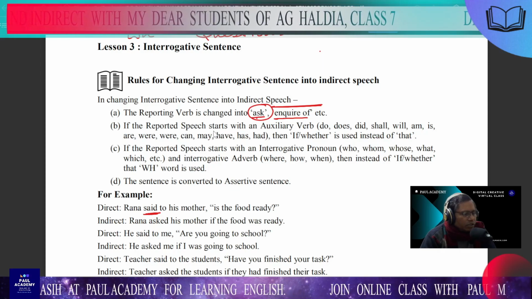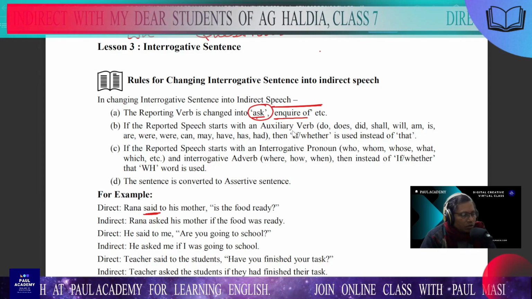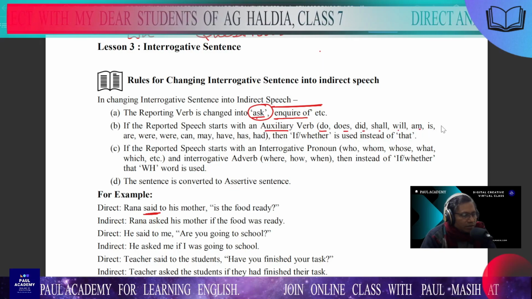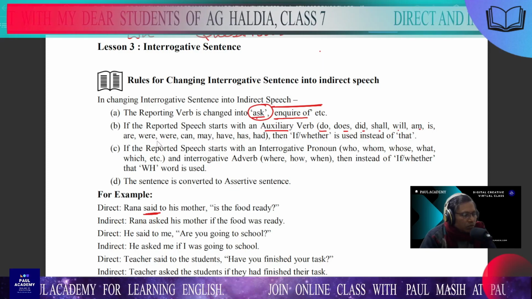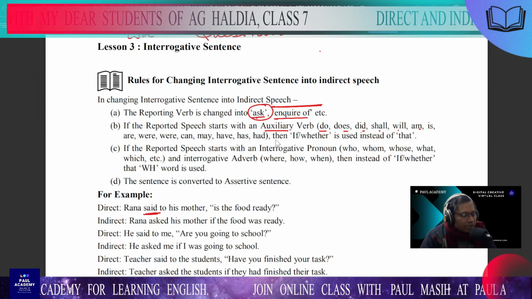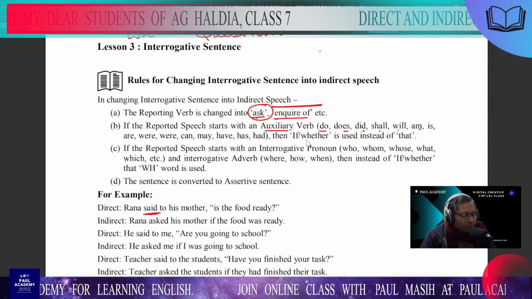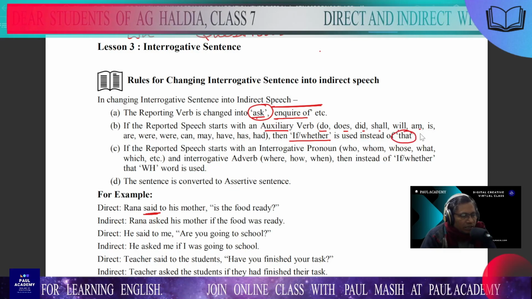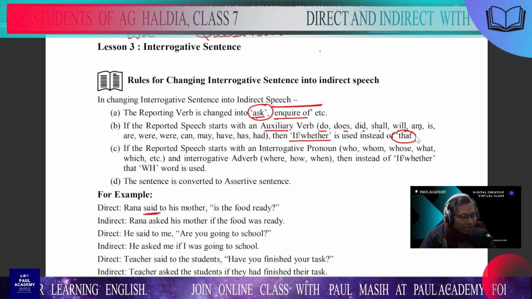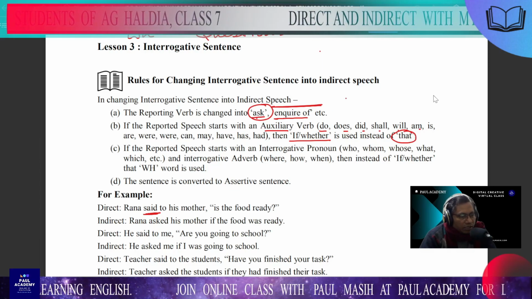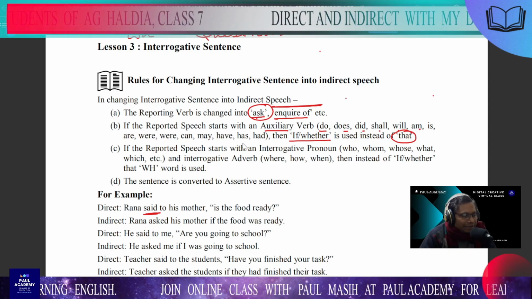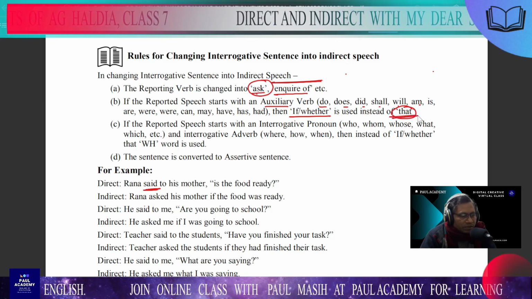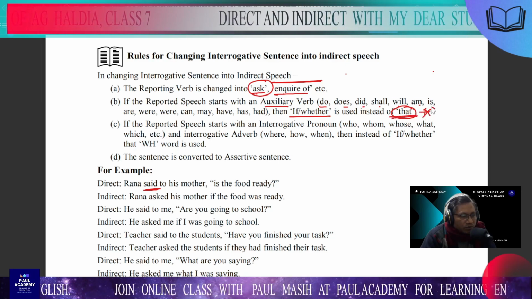If the reported speech starts with an auxiliary, that is a yes-no question, with an auxiliary verb like do, does, did, shall, will, are, am, were, can, may, have, has, had, etc., these are all helping verbs. Then if or whether is used instead of that. In case of assertive sentences we use that to join reporting and reported speech. But when you are dealing with interrogative sentences, we are not supposed to use that.